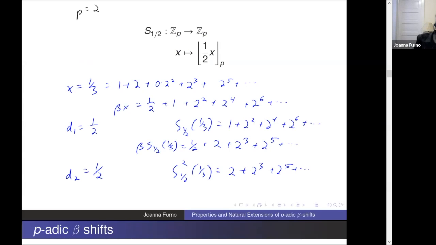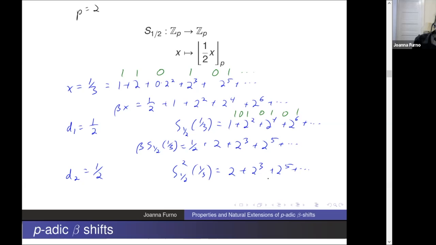And again, if we drop the powers and just look at the coefficients, what were our coefficients here? It was a 1, 1, 0, 1, 0, 1, and so on. And then after our next iterate, it was a 1, 0, 1, 0, 1, 0, 1.